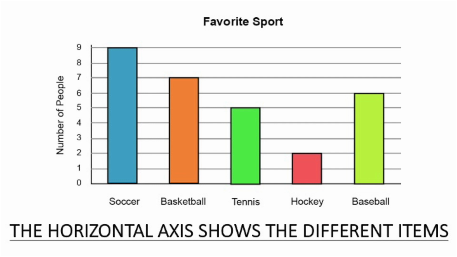Baseball. Look at the bars first. You can see baseball is here. Let's follow it all the way to the top. And where is baseball level with? 6. Okay? So that's why it's important to read the information so we know we're reading the correct ones.